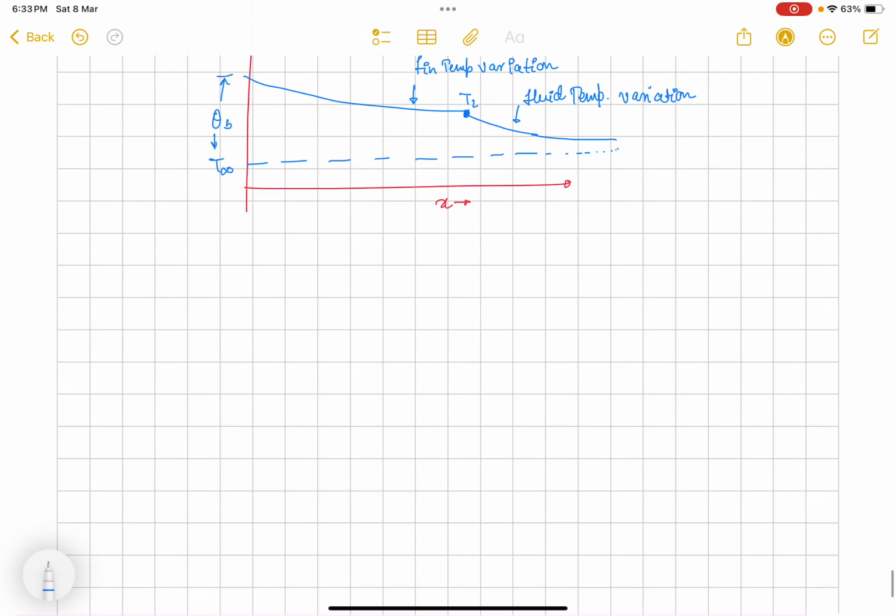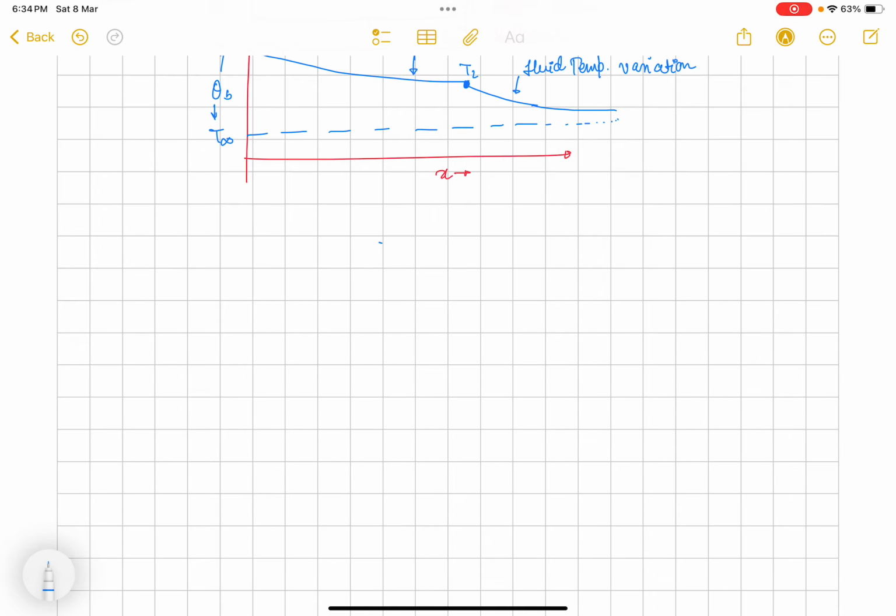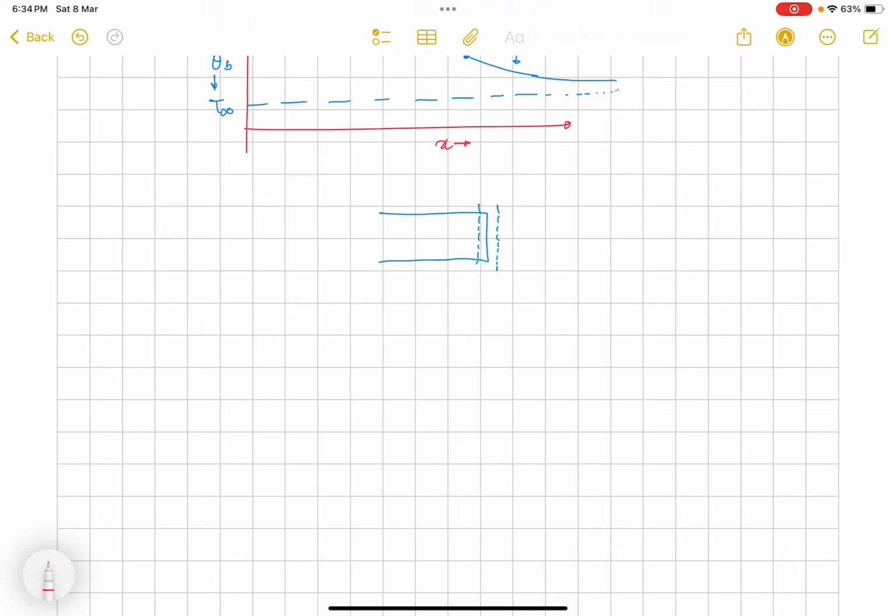All right. So what is happening at the tip? If we look carefully, if we consider a control volume around the fin tip, on one side it is receiving heat by conduction from the adjacent volume, and on the other side it is releasing heat to the ambient, the adjacent volume on the right hand side.